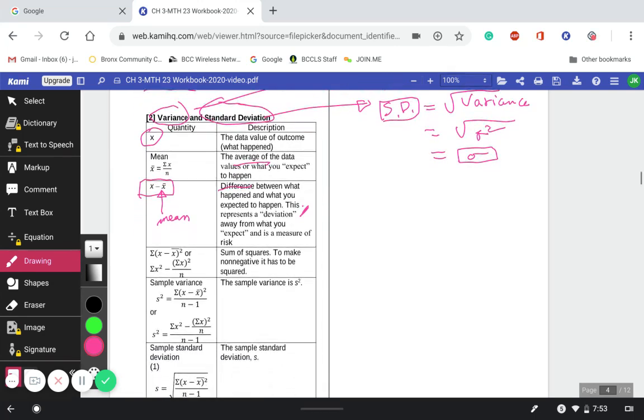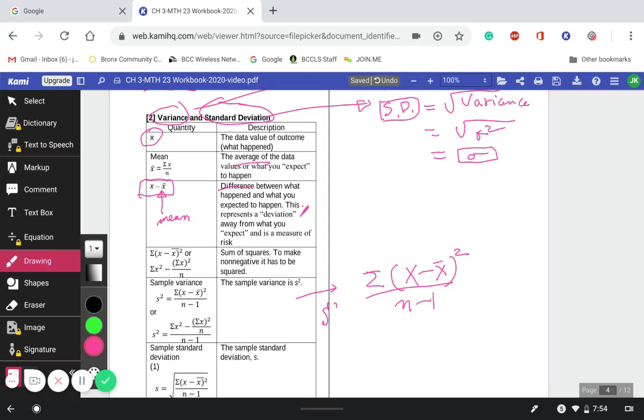Now, so what are we doing? We try to find the formula of sample variance. It ends up with the formula of variance: the summation of the difference squared divided by n minus 1.